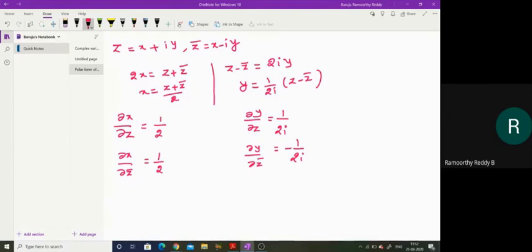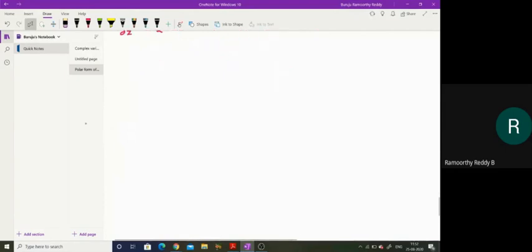So what you need is dou f by dou z. You need to calculate dou f by dou z. By chain rule we can write dou f by dou x into dou x by dou z, plus dou f by dou y into dou y by dou z.